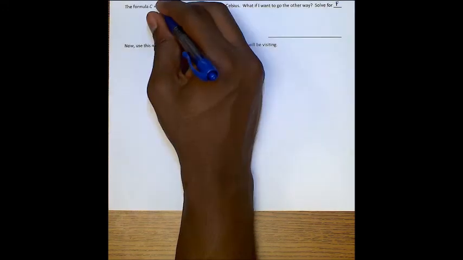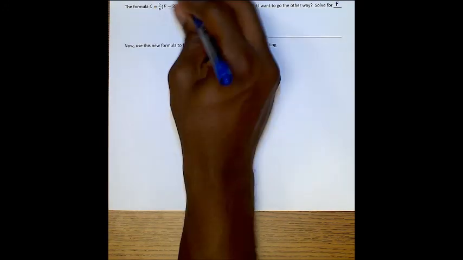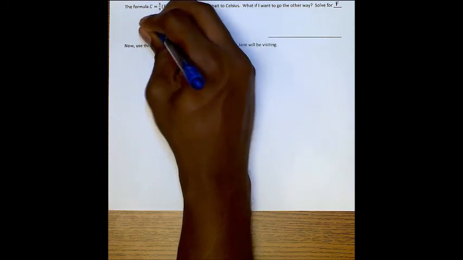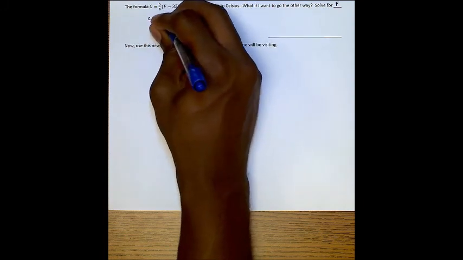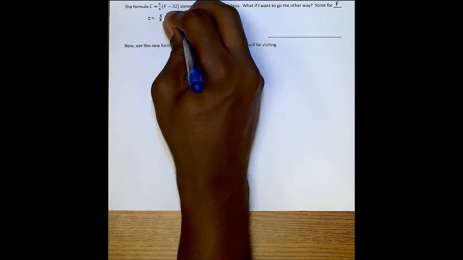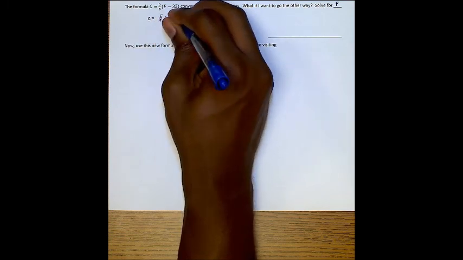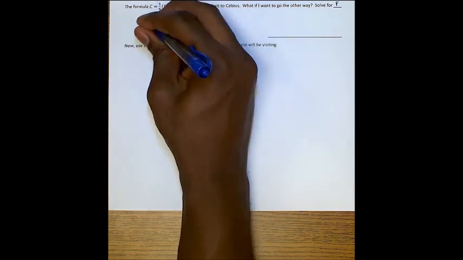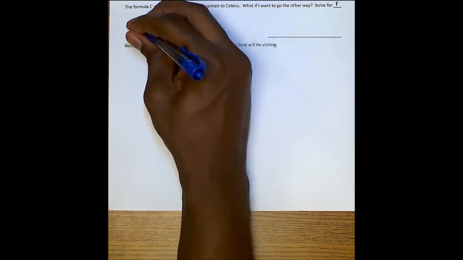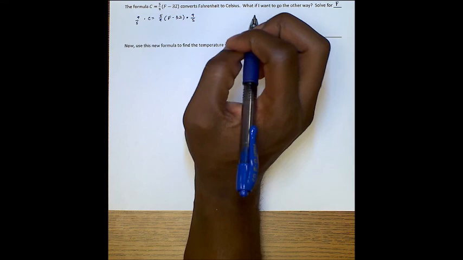I'll get rid of the 5/9 first. So I'm going to multiply both sides by 9/5. Rewrite this: C equals 5/9 (F minus 32). I'm going to multiply both sides by 9/5 because 5/9 is multiplying, and so in order to get rid of it, we have to divide. And remember, with fractions, when you divide, that means you are multiplying by its reciprocal.